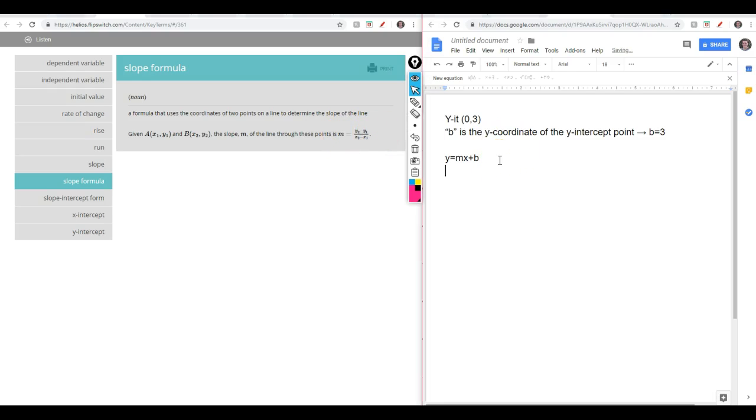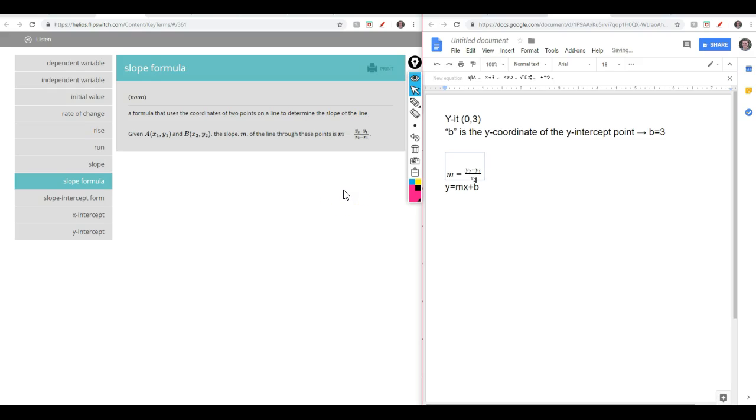So the slope formula would be y sub 2 minus y sub 1, over x sub 2 minus x sub 1. The sub 2 at the bottom just means the second y coordinate, and y sub 1 means the y coordinate from the first point. y sub 2 is the y coordinate from the second point.